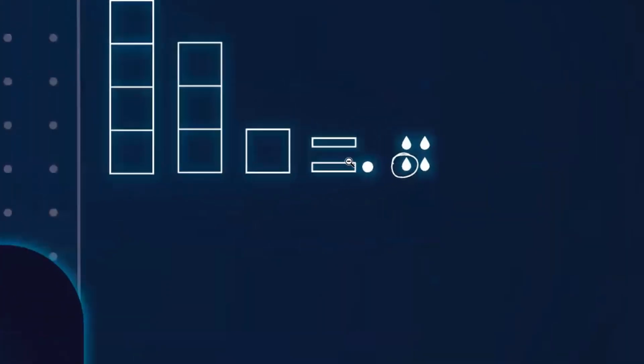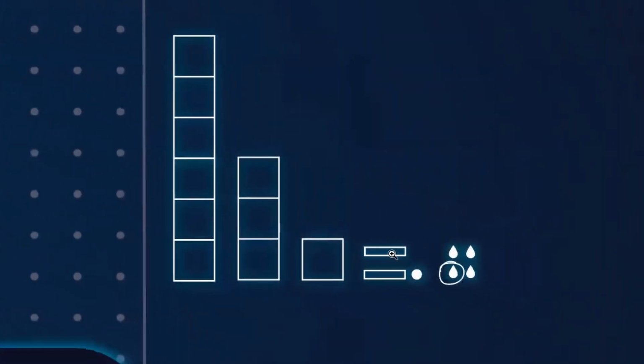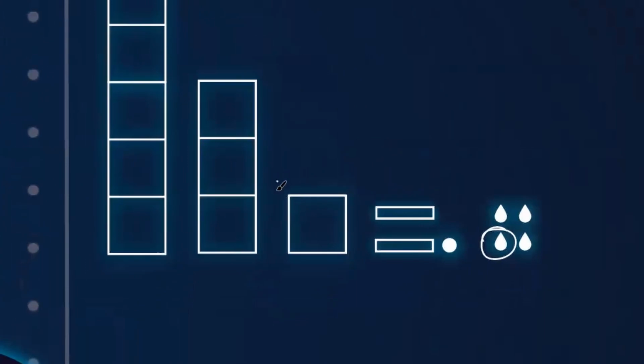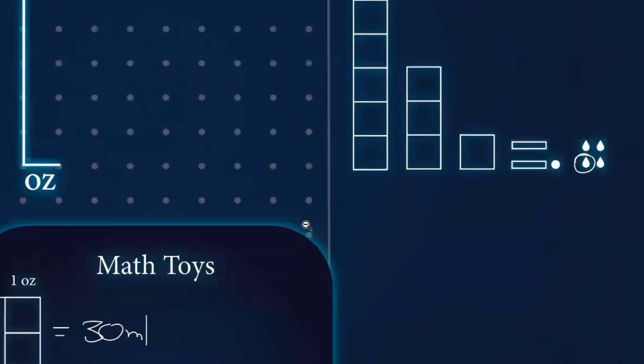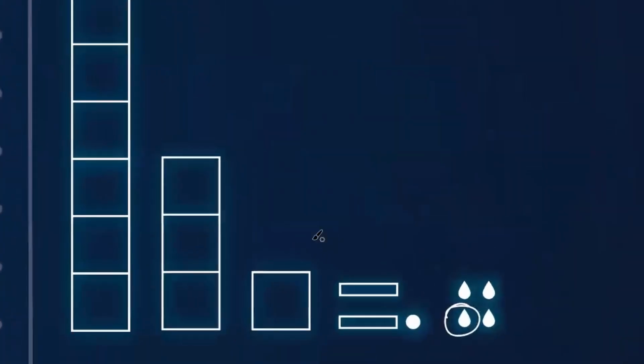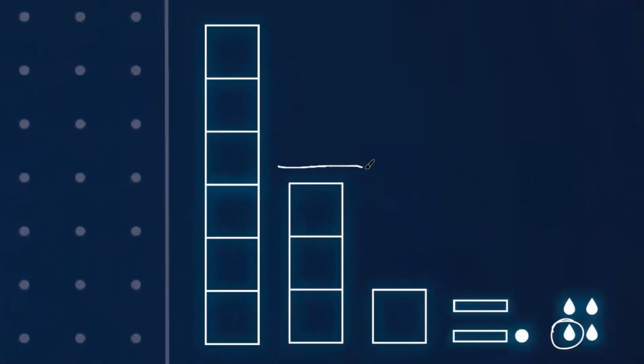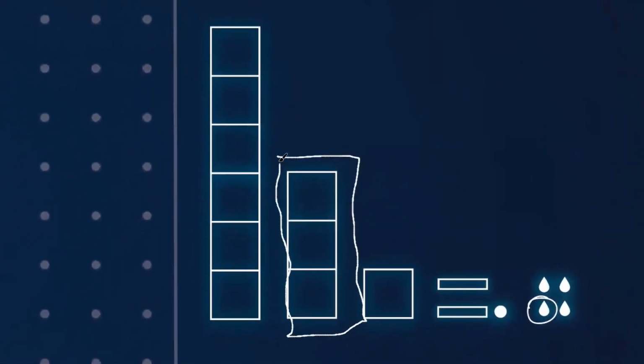Okay, so then we move up. Can you infer what this shape might represent? That represents a tablespoon. Not a tablespoon, a teaspoon, my bad. Very good. And what's this shape? That shape would be half a fluid ounce, or a tablespoon.